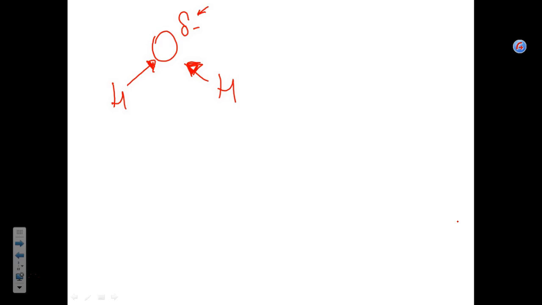Since the water molecule is electrically neutral, that little negative charge on oxygen is compensated by partially positive charges on hydrogens. So, although the whole molecule is electrically neutral, it is polar. It has a negatively charged end, quote unquote, and a positively charged end.